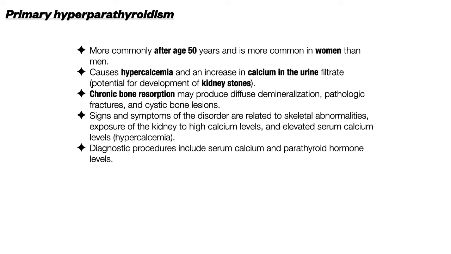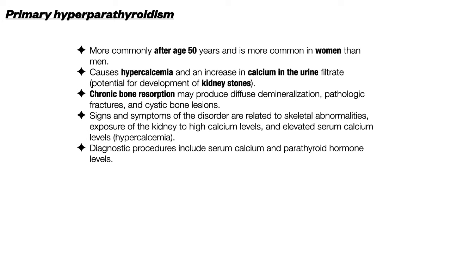Connecting this with the kidney disorders, this increases the possibility of kidney stones, which may be very painful. Also, you will have chronic bone resorption, and this produces diffuse demineralization of the bones, which is going to cause pathologic fractures and cystic bone lesions.